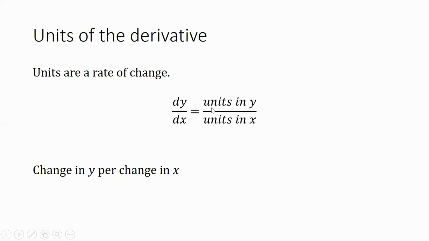And the units that we're changing in the denominator of the fraction are units in the x value. When we talk about a rate of change, we are talking about the change in y per change in x. So the units of change in y per units of change in x.